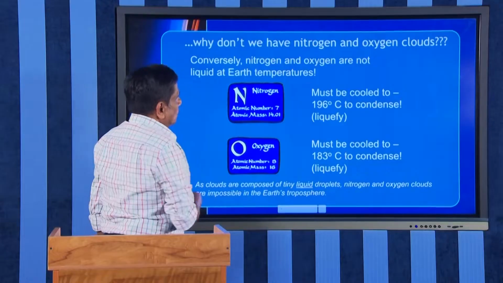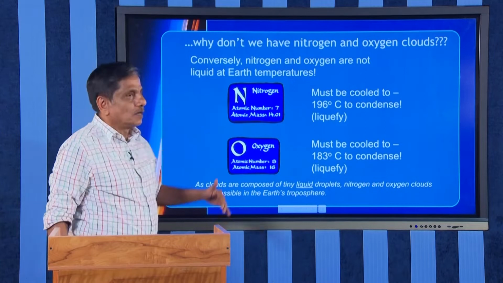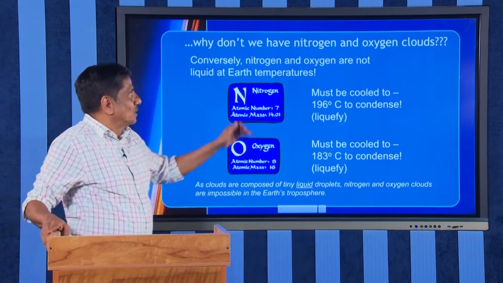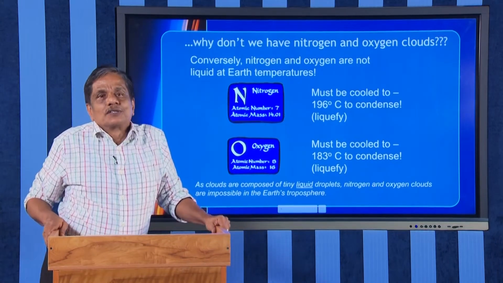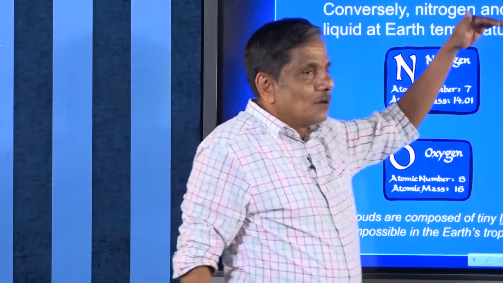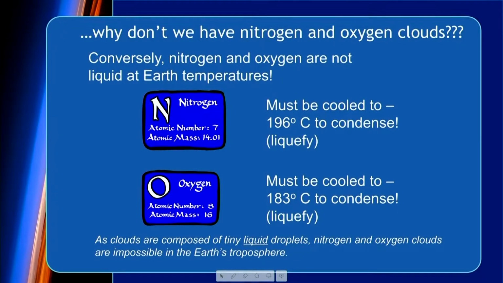Now, I have already discussed that nitrogen and oxygen are the most abundant species present in the atmosphere. But the question is, we cannot see a nitrogen cloud or an oxygen cloud. Why? The answer is very simple. A cloud is nothing but a collection of condensed water.